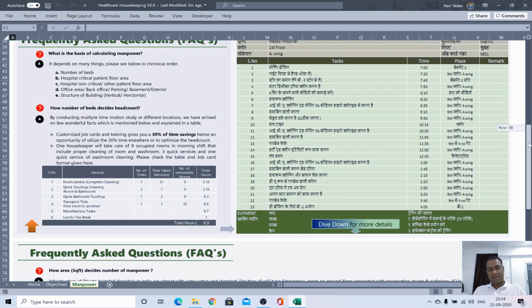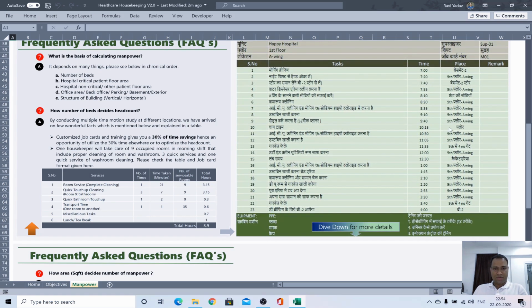And how can you manage the time? Obviously you have to have a detailed time motion study of their job: what they are doing, how they are doing it, and what should be the minimum time to perform all of this. This example is based on my previous organization's time motion study on the housekeeping team. You will have an idea about how they get a room clean.